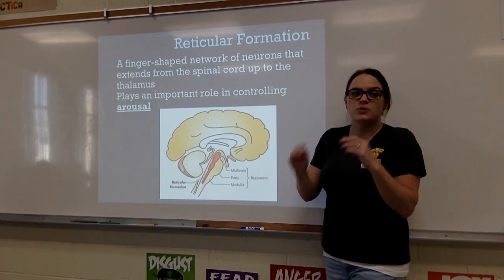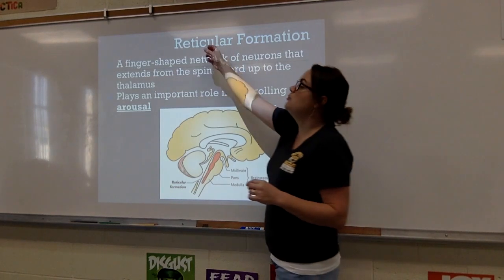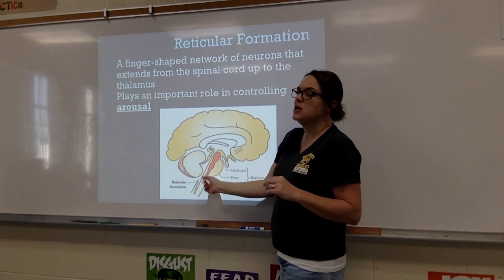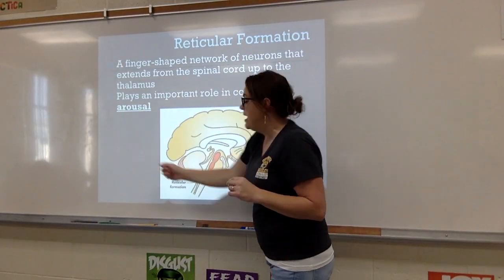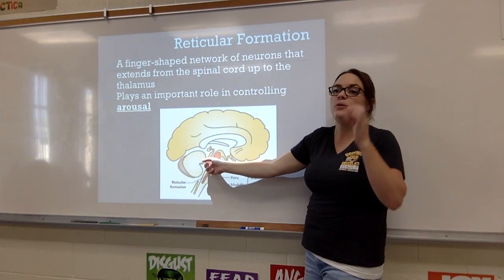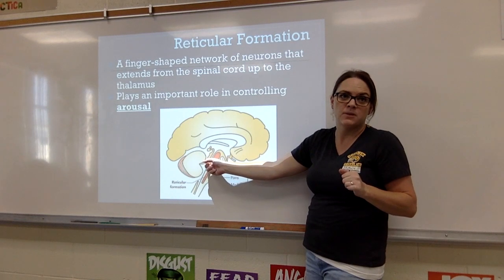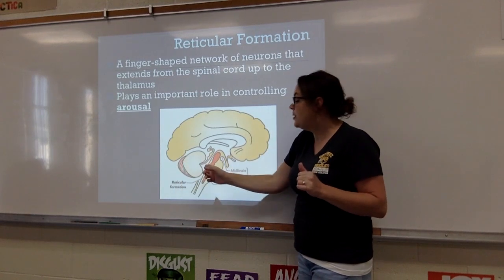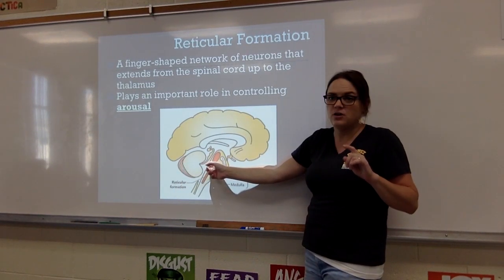Sometimes they call it the reticular activating system. If you see the word reticular, just know it's referring to this part. What this part does is it controls arousal. If a person damages this part of their brain, they will lapse into a coma and never wake up. All the other parts of the brain can be fine, but if this part gets damaged, they'll never wake up from a coma, ever.